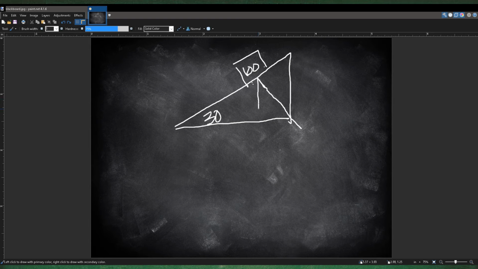So you're going to have a line that goes down, and then basically you're going to be making this kind of box. I mean triangle.